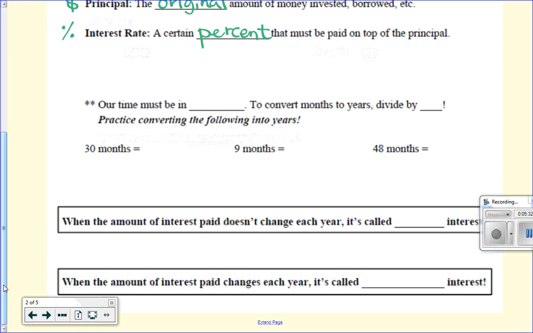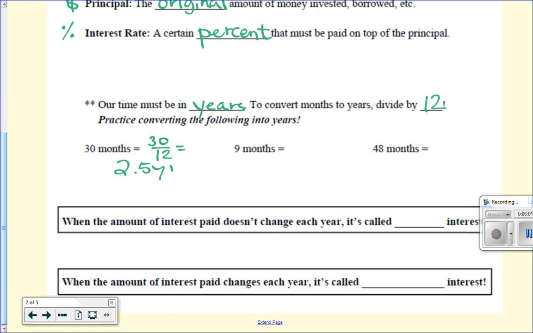All right, this is our time. This kind of went back to our warm-up. So our time must be in years. Okay, and then to convert months to years, what do we divide by? You got it. All right, and then if we had 30 months in your calculator, you would put in what? 30 divided by 12, and that gives you what? 2.5?